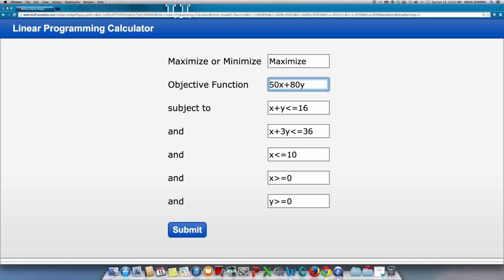Subject to, our first one was X plus 2Y less than or equal to 32. And our second one was 3X plus 4Y less than or equal to 84. Now, I don't even know if this is going to work or not, but I don't see any reason it shouldn't. We want our x's to be greater than or equal to 0 and y's to be.